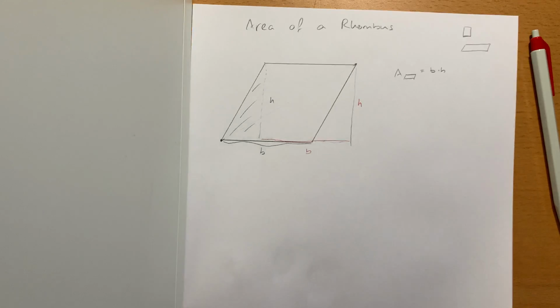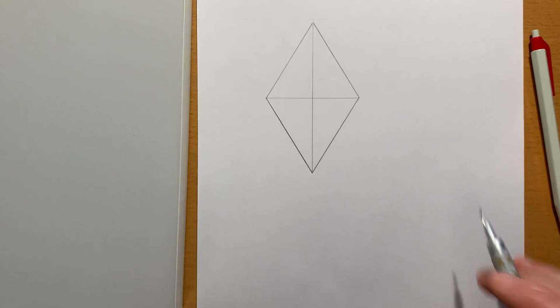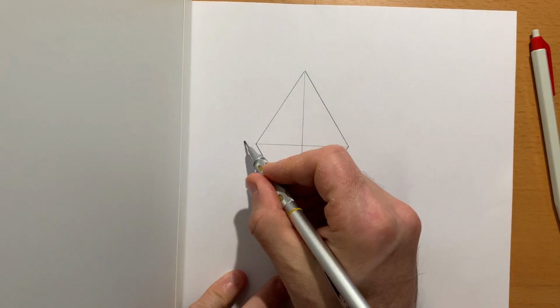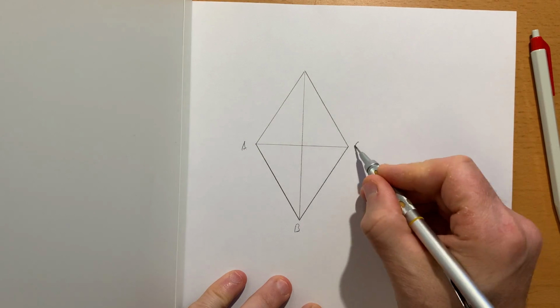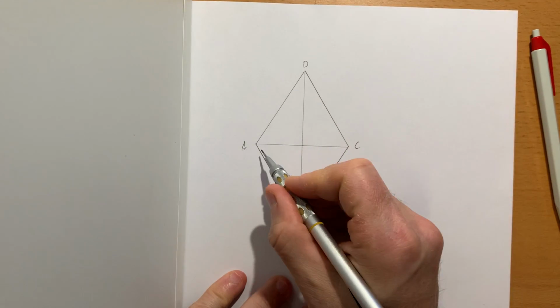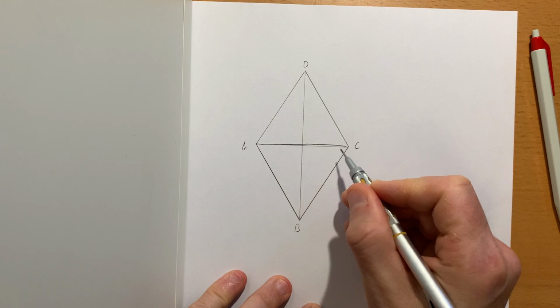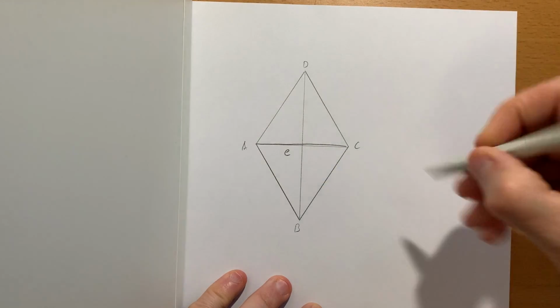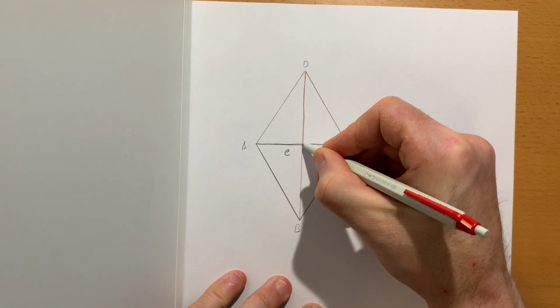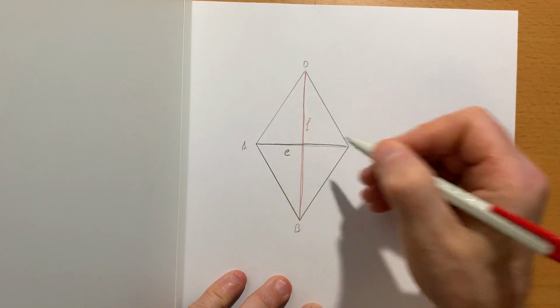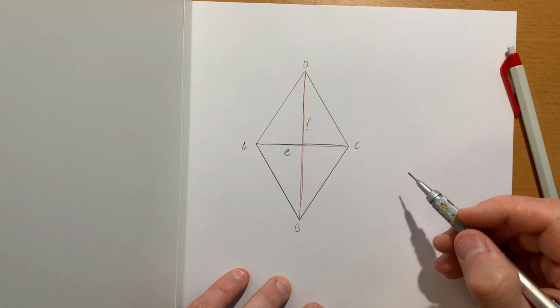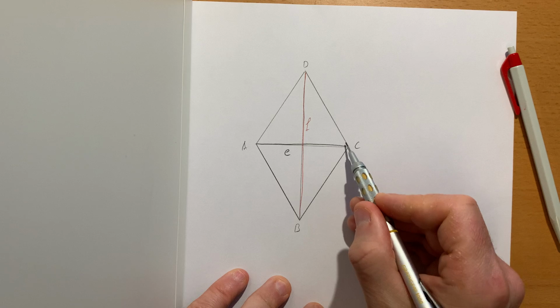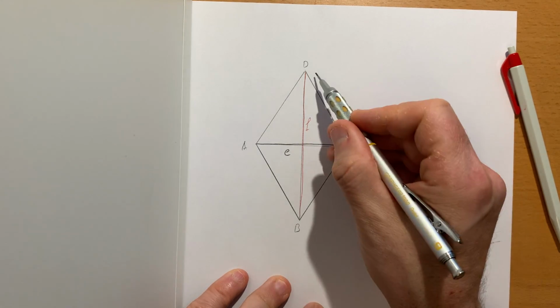But there is another formula. So let's start with this. So if this was A, B, C, D, then we know this is E, and this is the diagonal F. So you could say, let's work out the area of the top triangle.